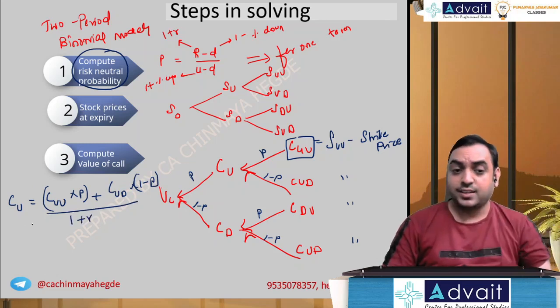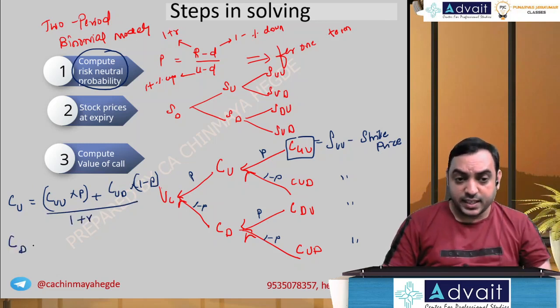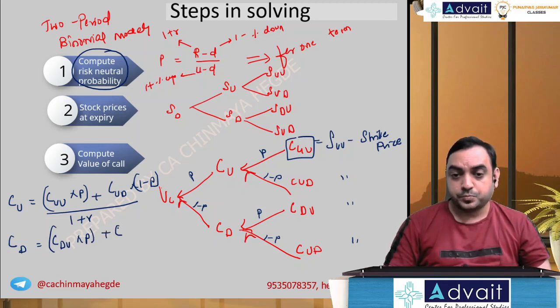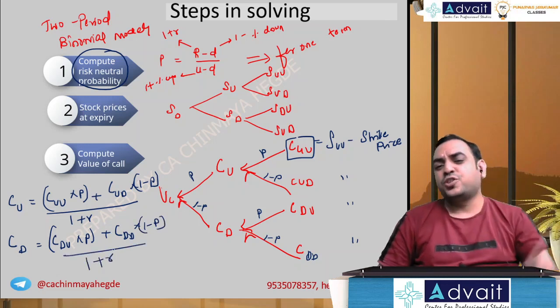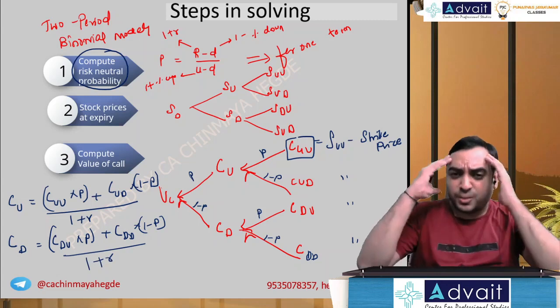Similarly, CD is CDU multiplied by probability plus CDD, this is CDD actually, the last one, multiplied by 1 minus P, whole divided by 1 plus R. Don't get confused by this terminology, just understand the process.